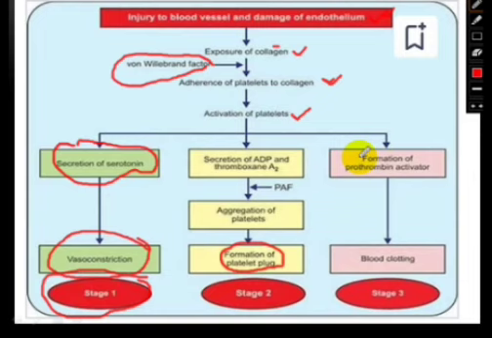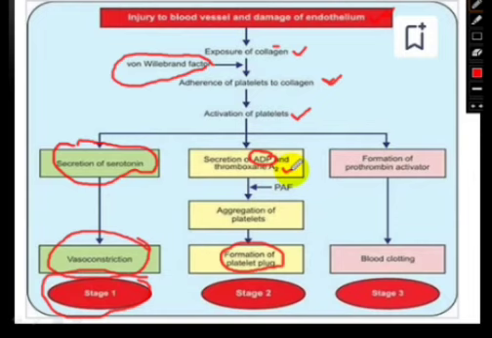Remember that platelets at this stage are activated, so they are all in their active form. The same platelet that secretes serotonin will also cause the secretion of ADP and thromboxane A2.